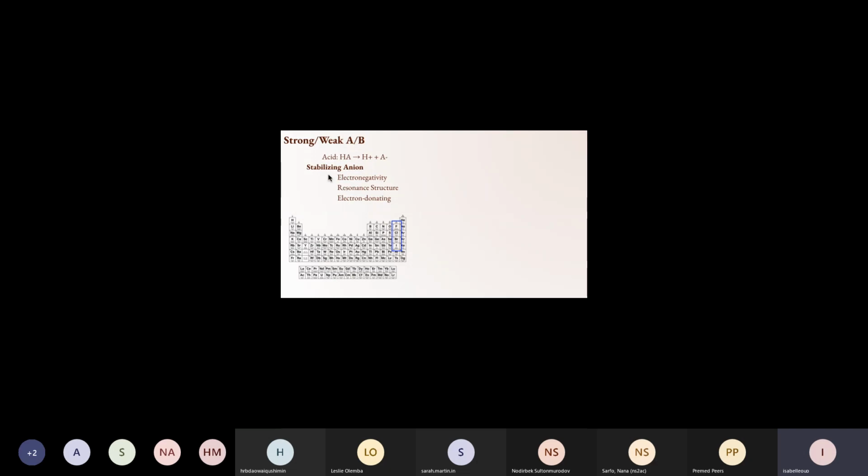So in the case of acid, what makes a stronger acid is really that the more stable an ion is, the more likely that it will stay dissociated, right? And the definition of a strong acid is really just that it is completely dissociated in solution. So what makes a very stable anion?